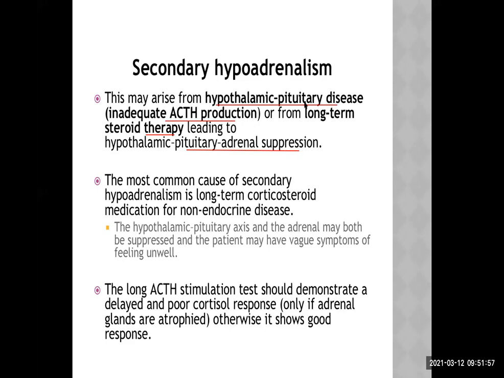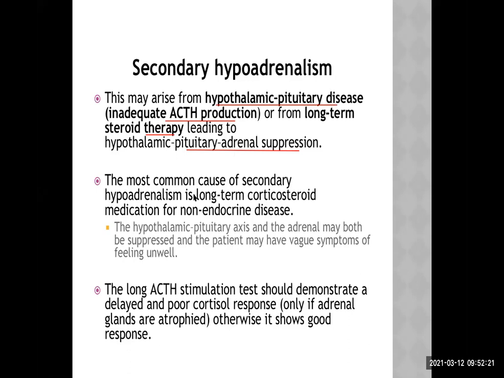If hypothalamus and pituitary are damaged, they cannot release CRH and ACTH. So adrenal gland is suppressed, number one. Number two, we are giving prednisolone, dexamethasone, betamethasone, clobetasol, those types of drugs for a long time from outside. They definitely give rise to adrenal suppression.